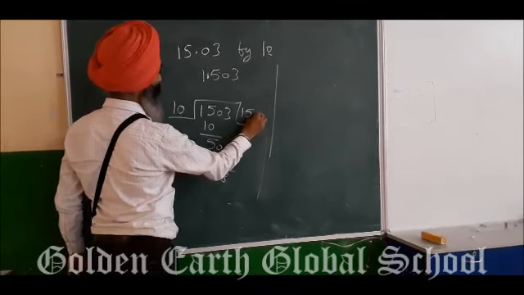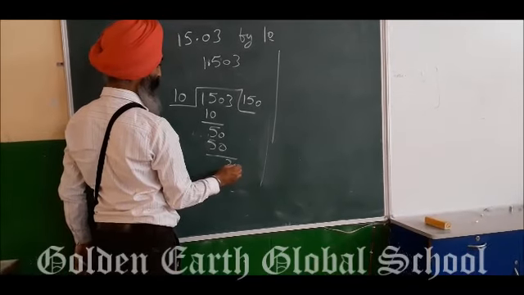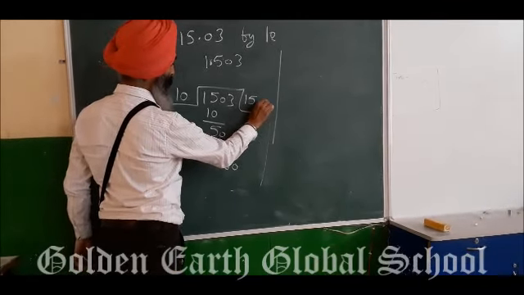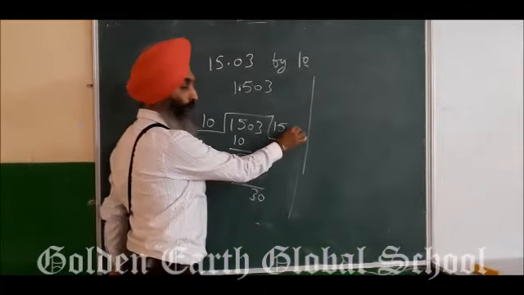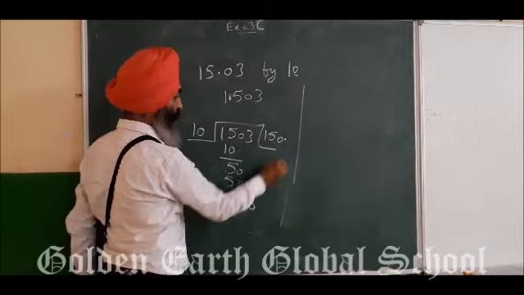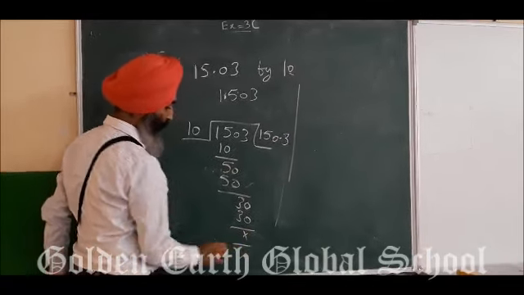So you have to put a 0. So it is 0, then point, decimal here and here it is 0. So 10 3s are 30. So it means remainder is 0.